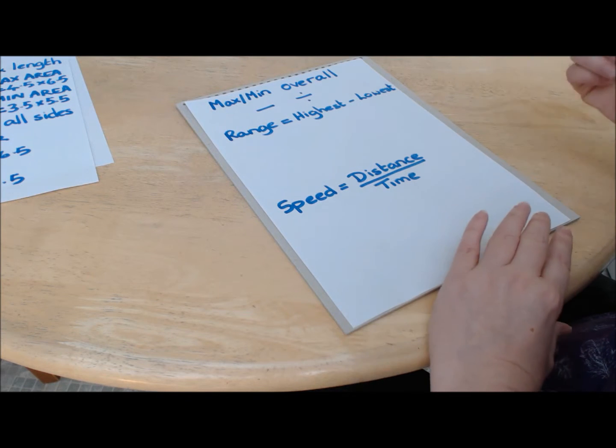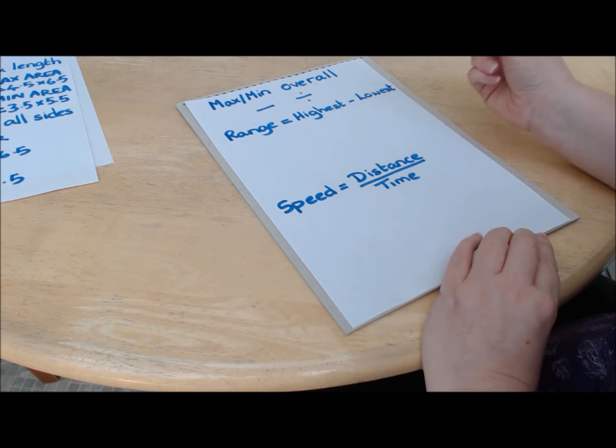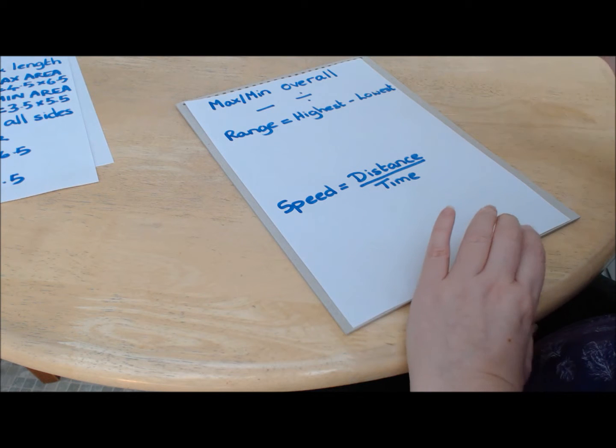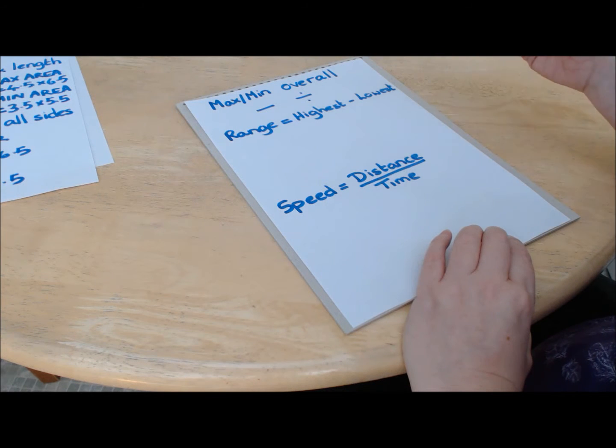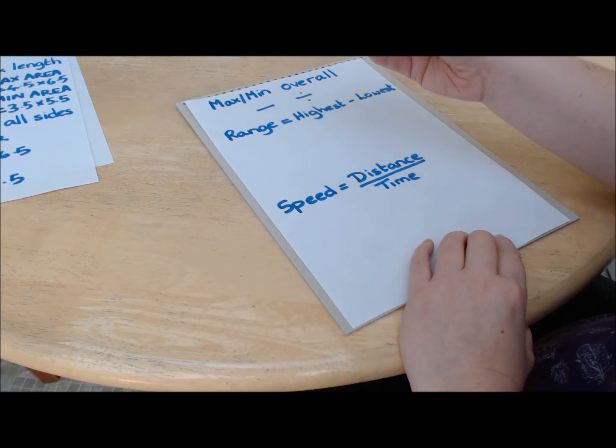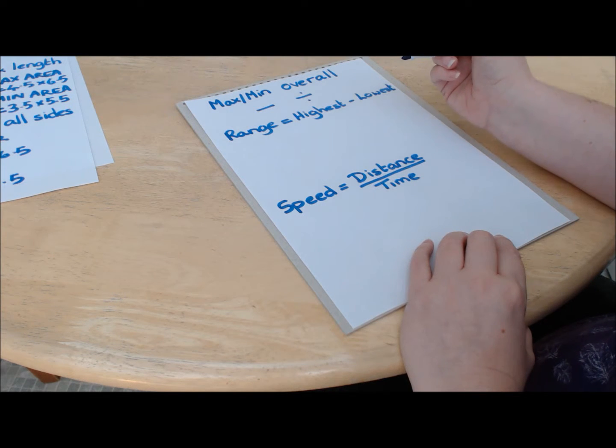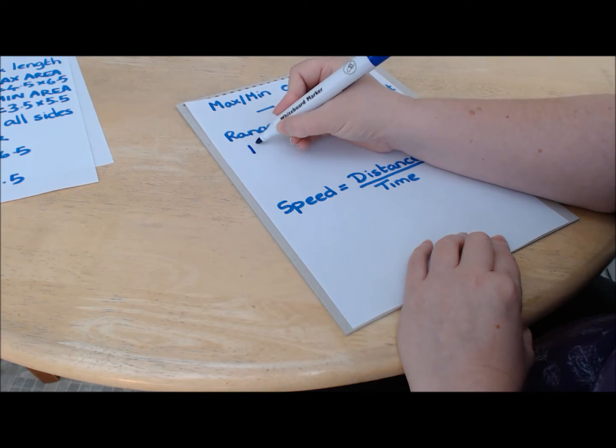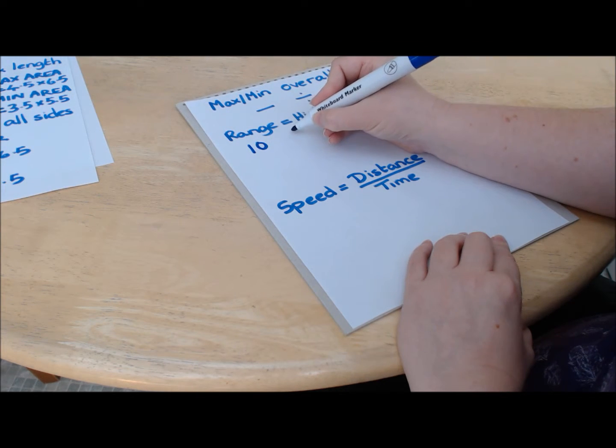So, a common formula that you might come across where you've got to do some takeaway is the range, which is the highest minus the lowest. Okay, so let's say that the two figures, the highest and the lowest figure in this case, are 10 and 5.